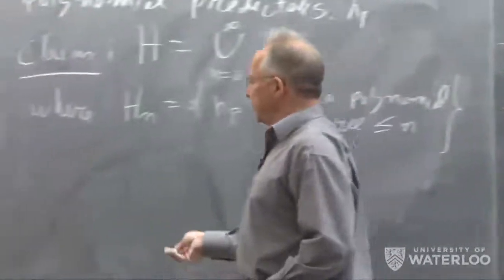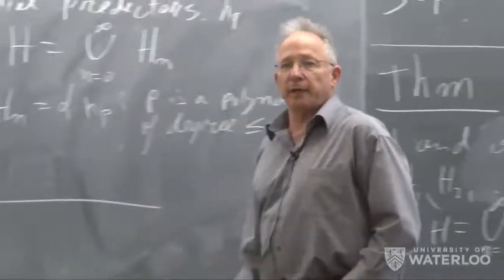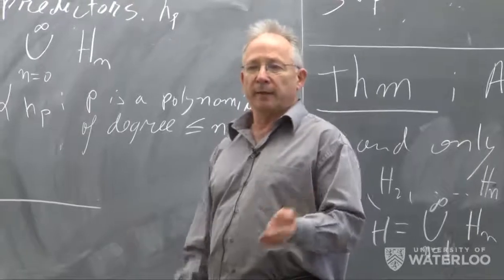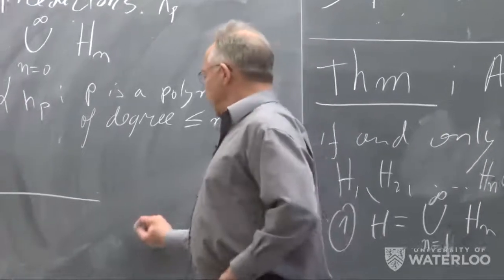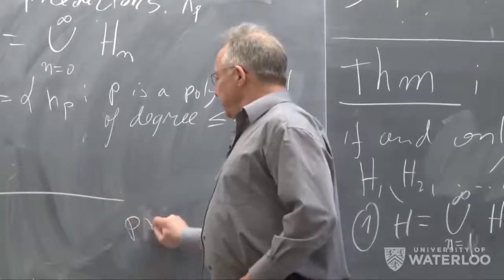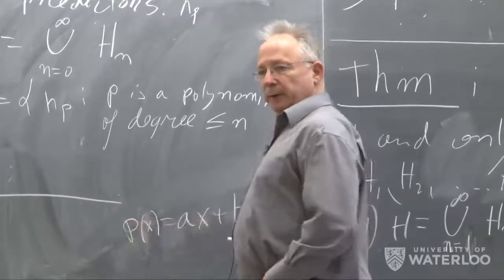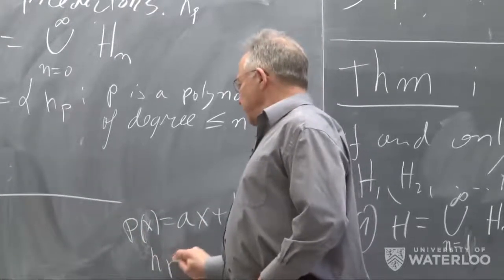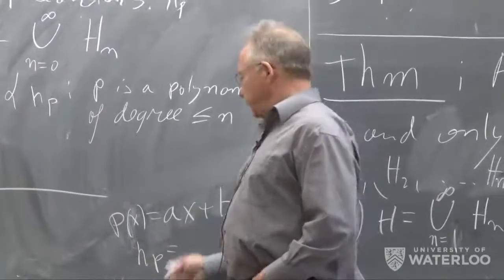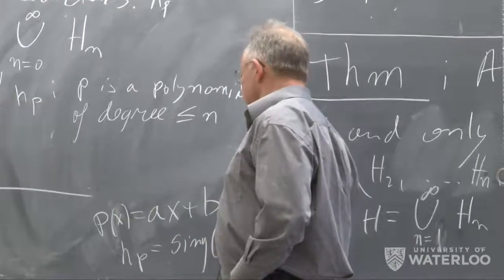Right? So what do I get, for example, by H1? I get all polynomials of degree 1. So I take a polynomial that looks like P of x is ax plus b, and now I compare it to 0. So what will HP give me? How will this function HP of x look? It is the sign of P of x.